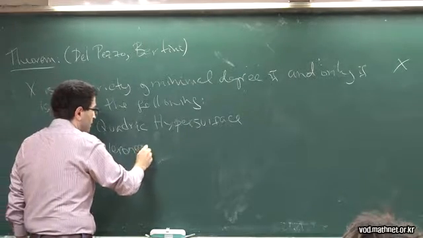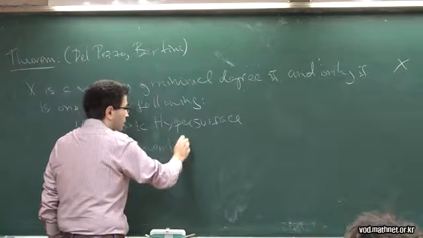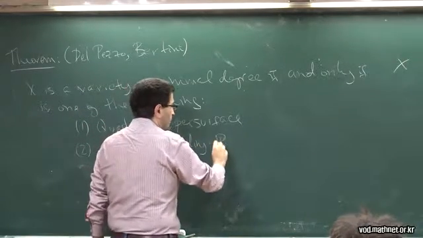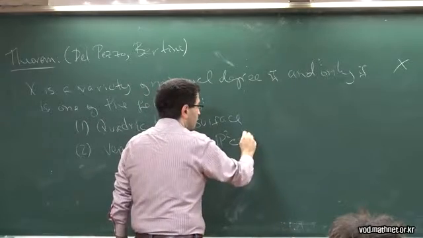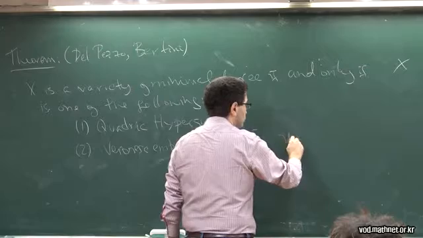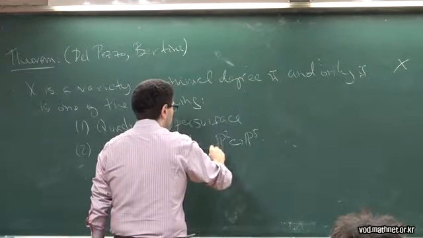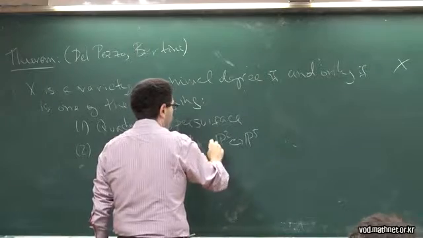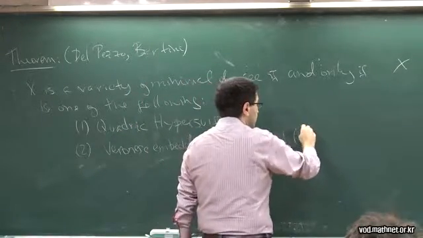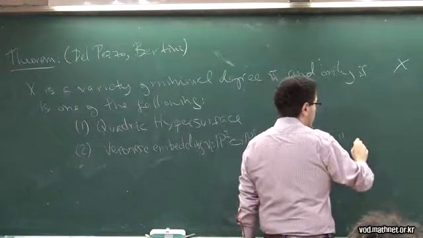You have a Veronese embedding of P2 into P5, and I'm going to write out exactly what it is. So nu2, let me write it here. Nu2, P2 into P5. So the variety itself is just the embedding of all of P2, but what does it do? Nu2 takes x, y, z.